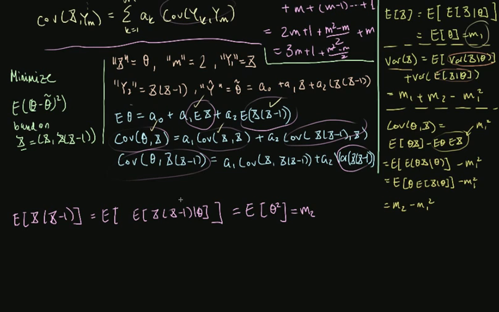The next one that we will look at is the covariance of theta and x multiplied by x minus 1.